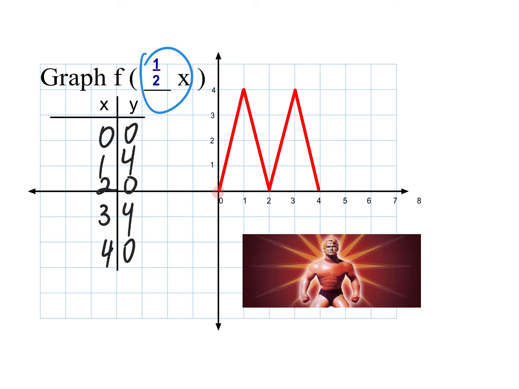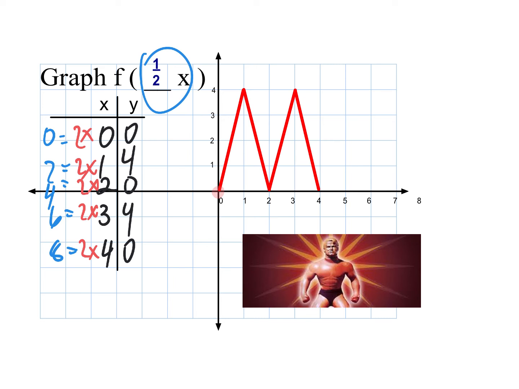Okay, so if I multiply all the X's by 2, I'm going to do that in red here. And I put all the answers in blue. 0, 2, 4, 6, 8.